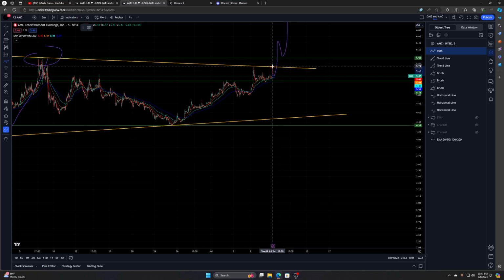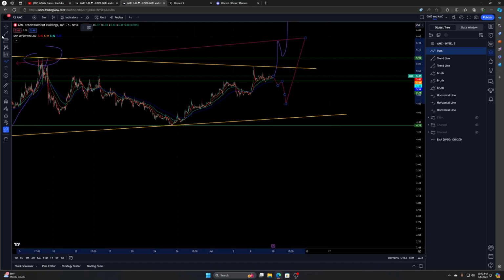and the 570 level, if you don't advance these two levels, and you don't use this 530 level as support, I'm not gonna lie, you would come back down here and then possibly bounce at $5, but then you could legitimately make a new low, and then bounce to the upside.